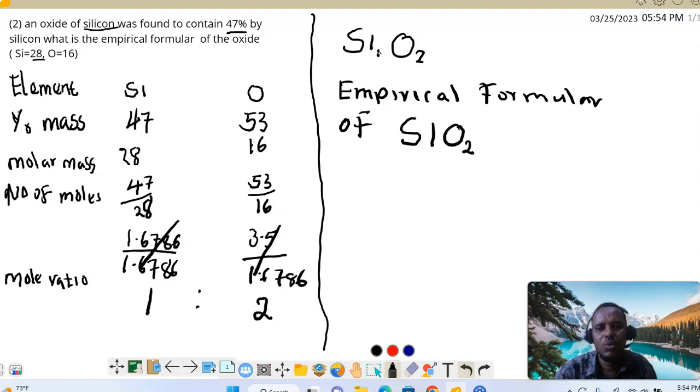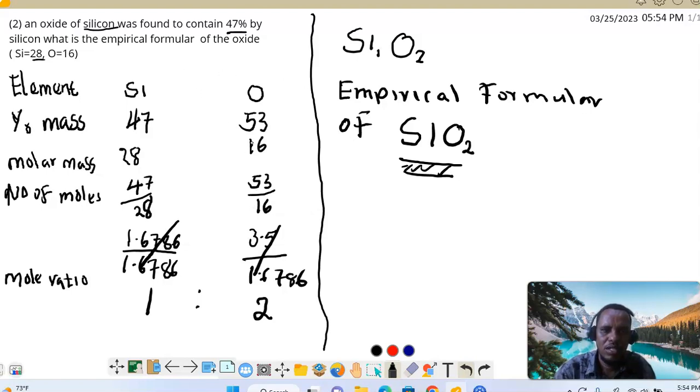You eliminate the 1, but you indicate the 2. Any value which is 1, you eliminate it, but the 2 is significant, you cannot eliminate it. So it is silicon dioxide. That is how you do this question on the empirical formula.